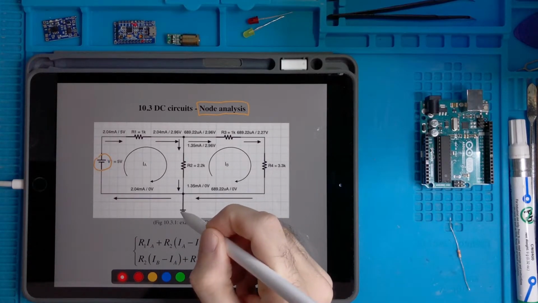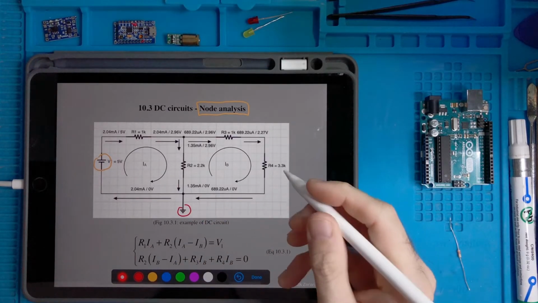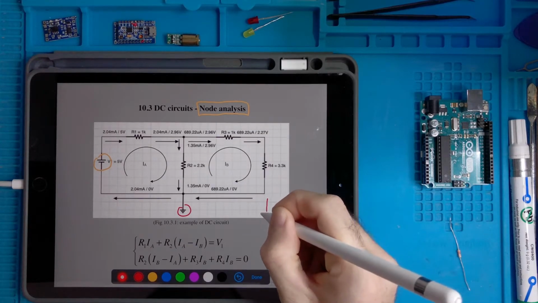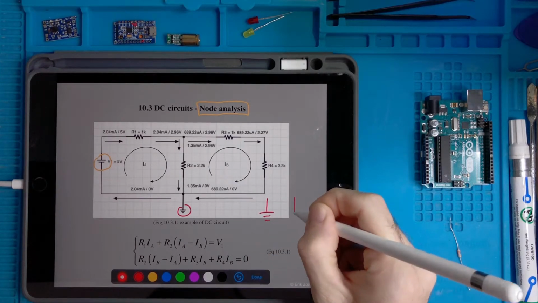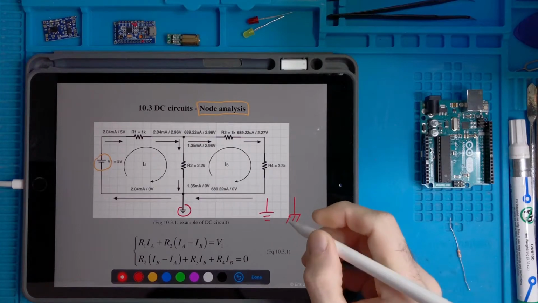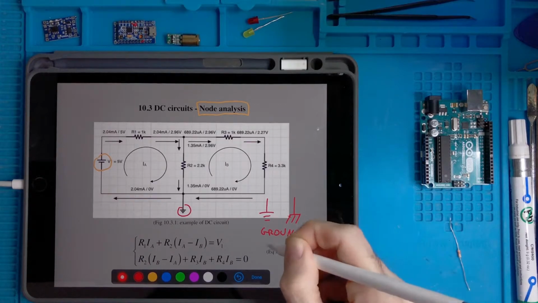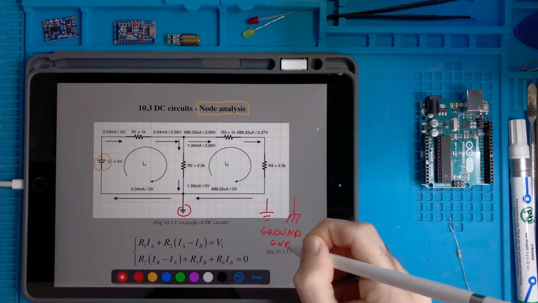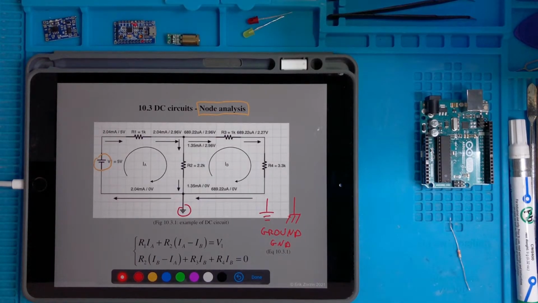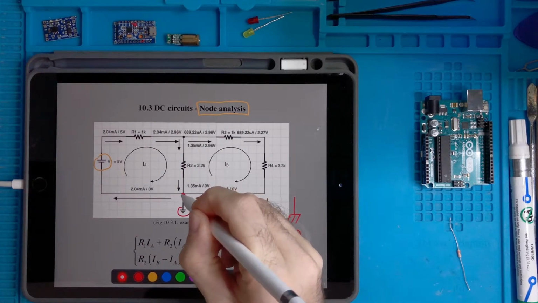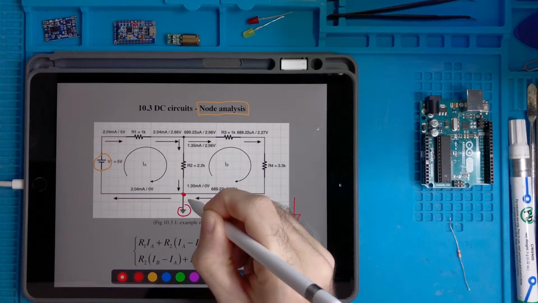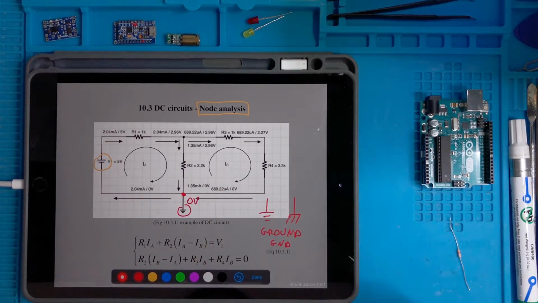So this symbol here, which is sometimes drawn like this or like that, is called ground, also GND as an abbreviation. It's a flag. That means that for us this node has 0 voltage.